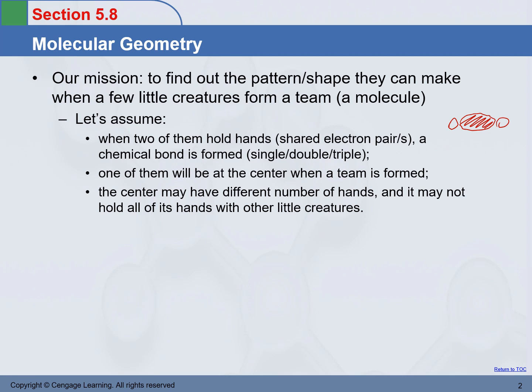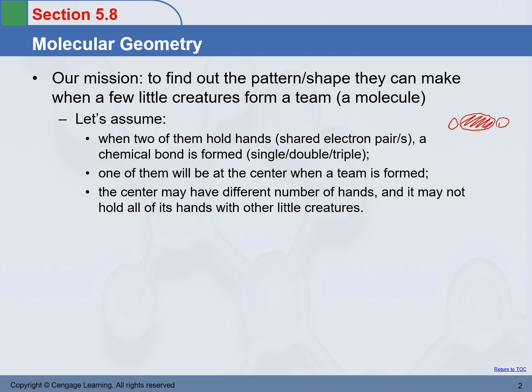Another assumption: that center creature may have a different number of hands. Depending on who is in the center, it may have 2 hands, 3 hands, or 4 hands. And it may not hold all of its hands with other little creatures.